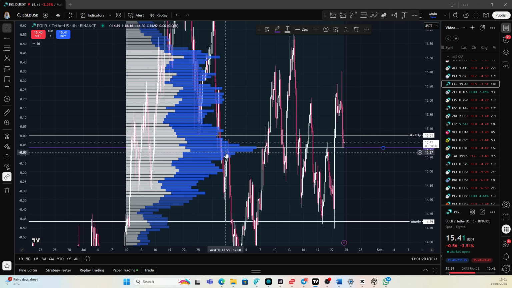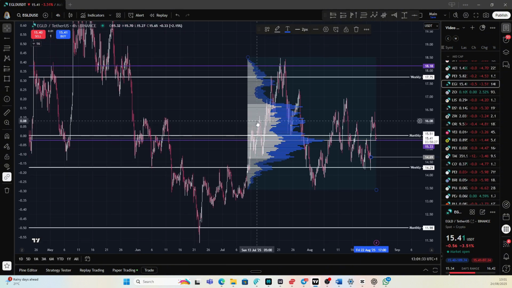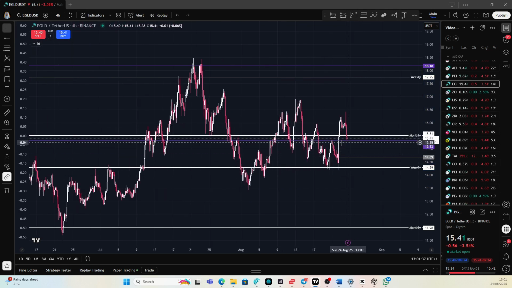So that is a really key point. I quite like this area here. If we do retrace, you may see something there. Yeah, I think it's in an interesting spot, certainly to trade.